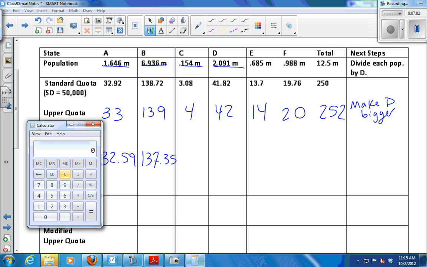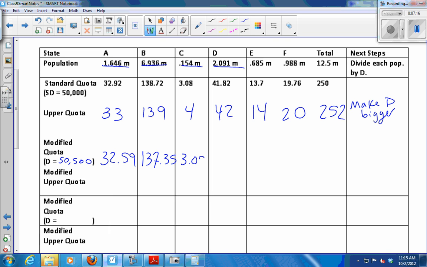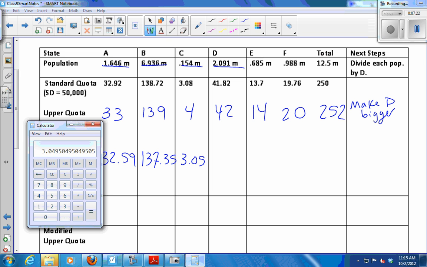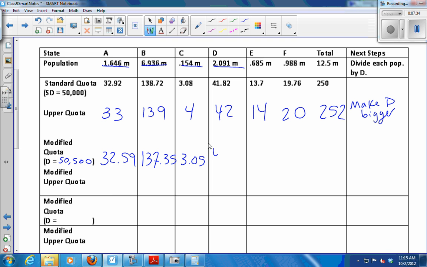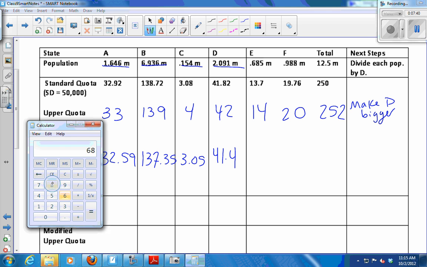So 154,000 divided by 50,500, 3.05. 2,091,000 divided by 50,500, 41.4. 685,000 divided by 50,500, 13.56.